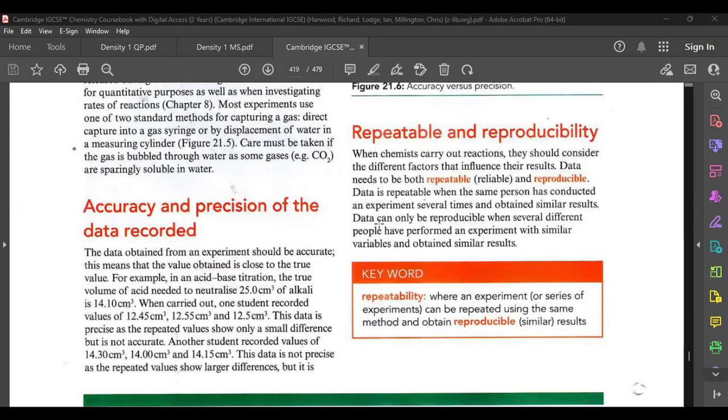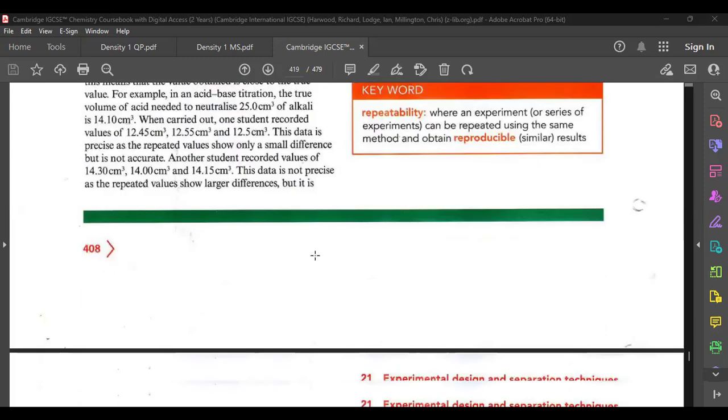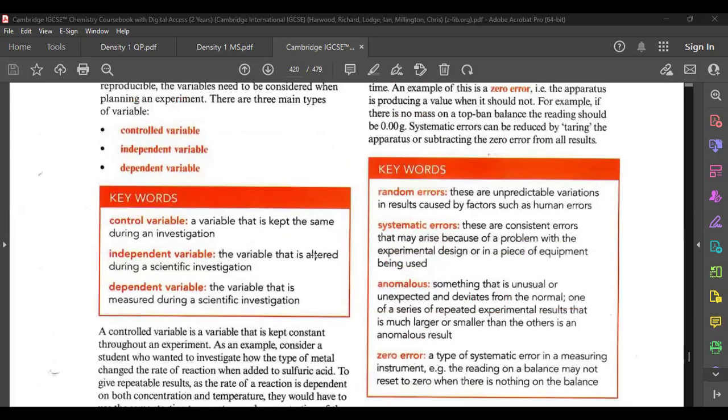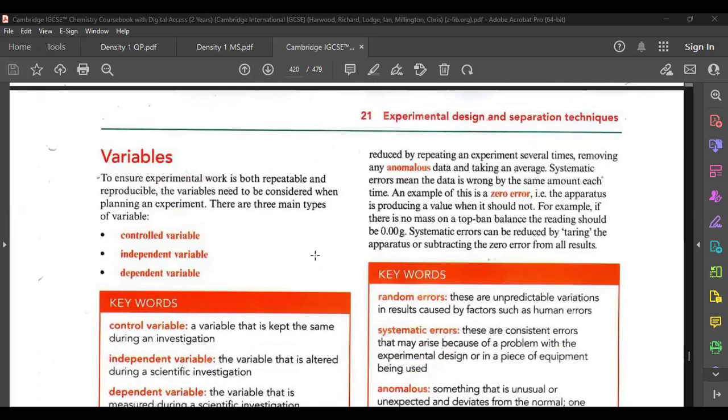So this is called repeatable and reproducible, and this is very necessary. There are 3 types of variables that obviously need to be discussed: controlled variables, independent variables, and dependent variables. What are these variables?